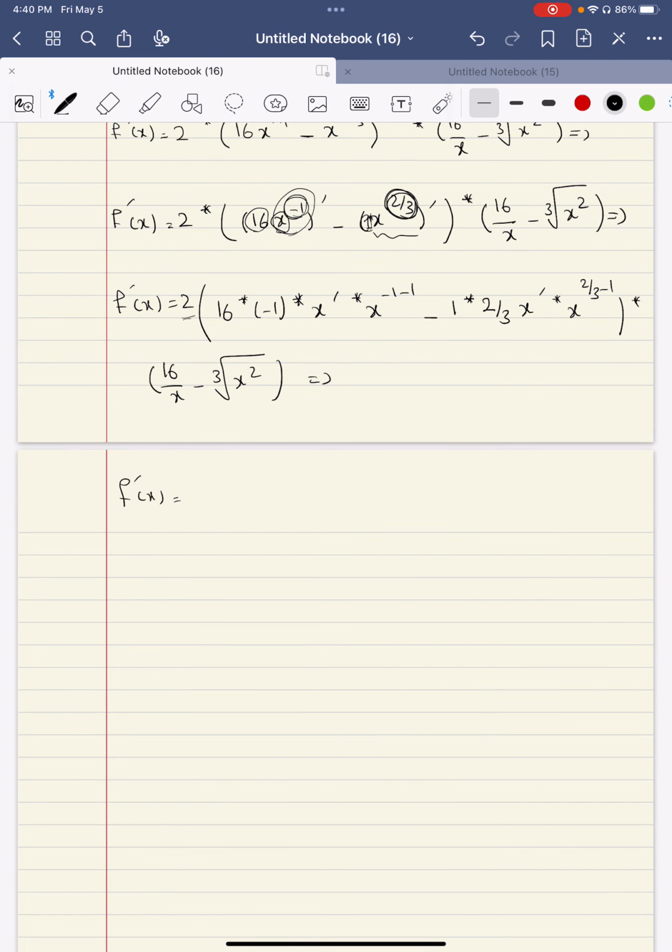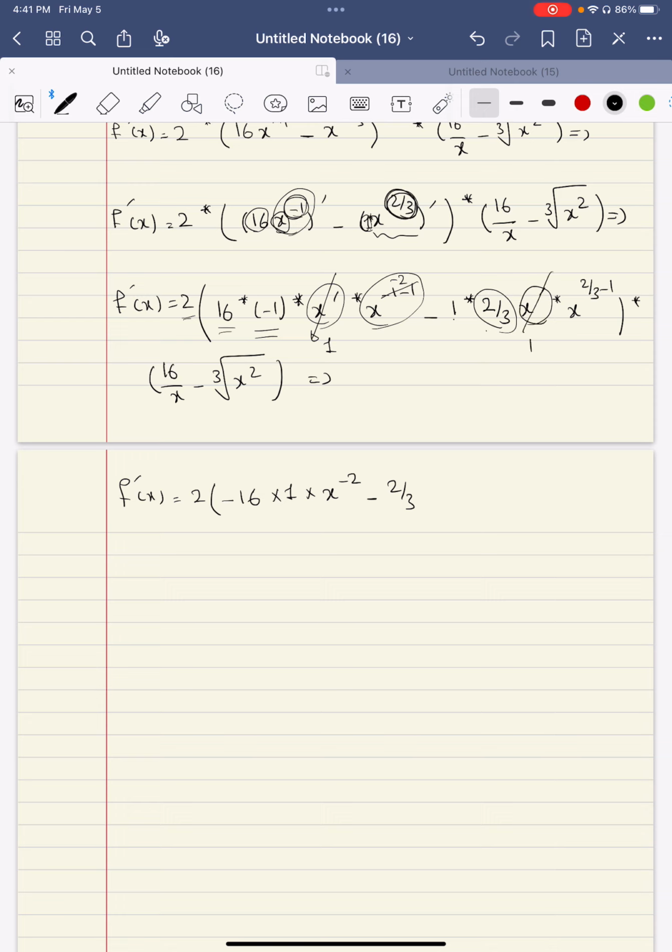It will be 2 times 16 times negative 1, which is negative 16. X prime is just 1 times x to the power of negative 1 minus 1. Negative 1 minus 1 is negative 2, so x to the power of negative 2. Then minus 1 times 2 over 3 is 2 over 3.